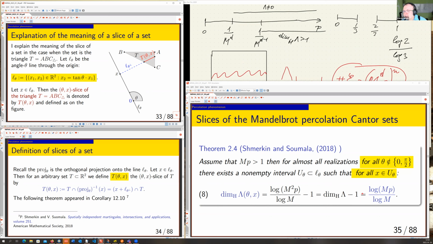So this is the correct dimension you would expect. It happens simultaneously for almost all realizations and for all theta, for all elements from an interval. Of course, it cannot happen for all x, because it can happen that the slice is simply an empty set.